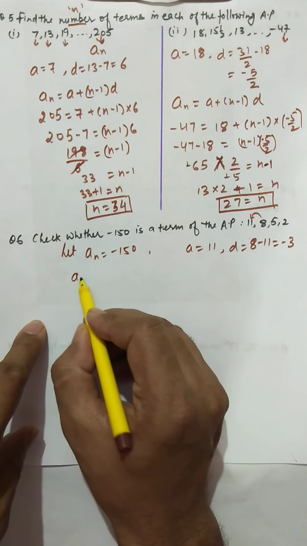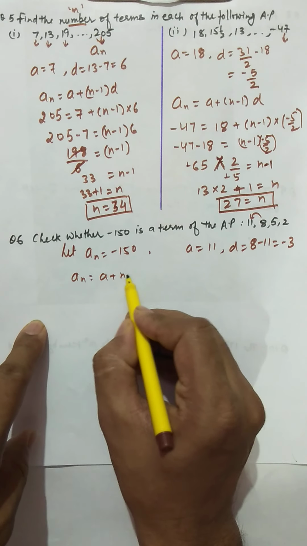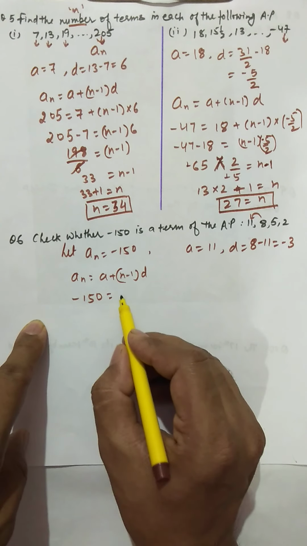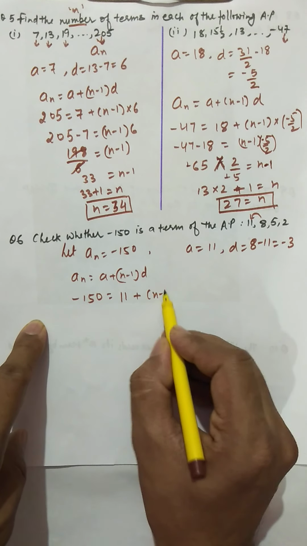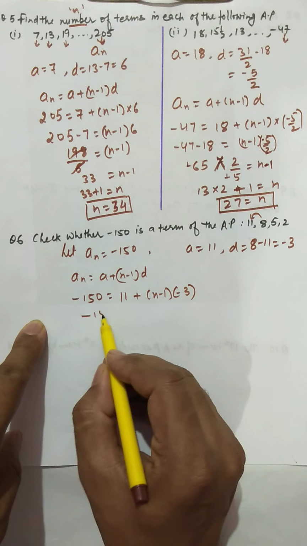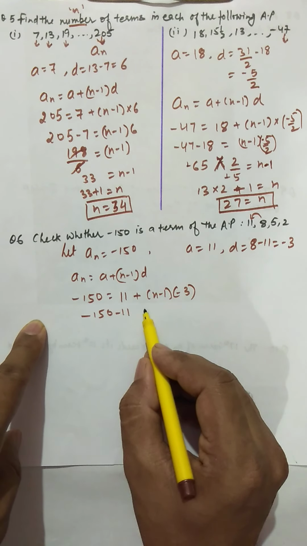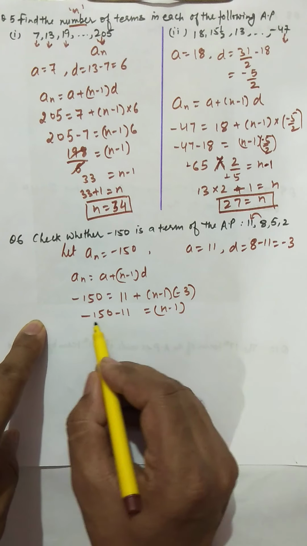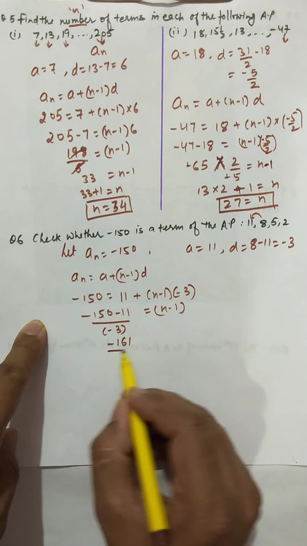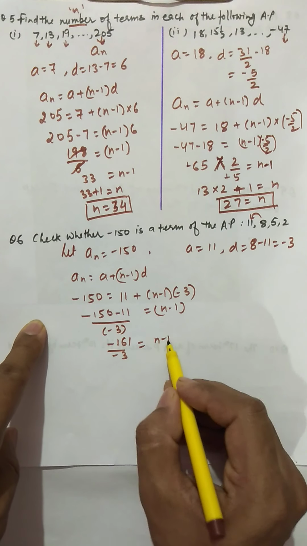So an, we apply the formula an equal to a plus (n minus 1) into d. This is minus 150, a is given to us as 11, this is (n minus 1) into d is minus 3. So first you subtract minus 150 minus 11, and then this is n minus 1, 3 will come down. So this is minus 161, and this is minus 3, and this is n minus 1.